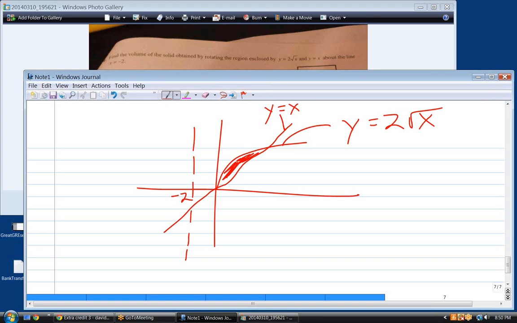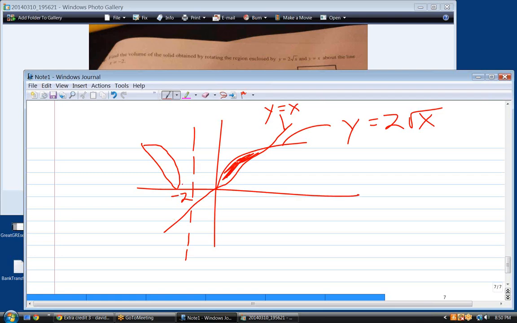So what are we going to use? Discs or washers? And which axis are we going to integrate along? Washers, and then the y-axis. In other words, when we finish this rotation, we're going to have an object that looks something like that.